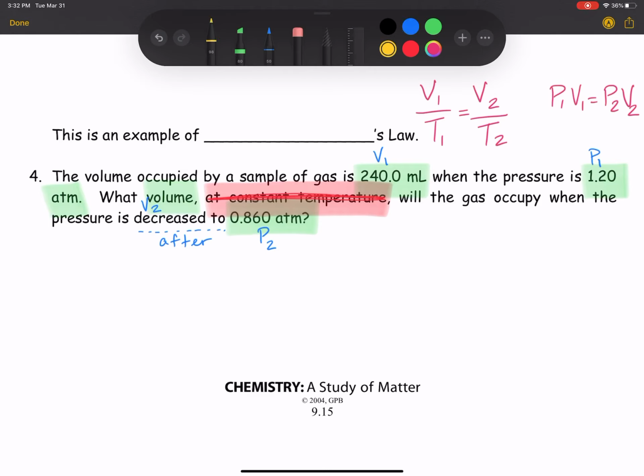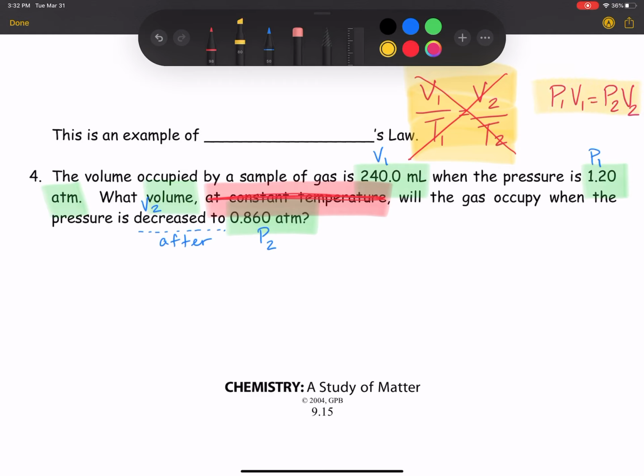Clearly, using Charles's law is going to be of no value because I don't have any units of temperature, so that's not going to be of any help. I want to make sure that I only focus on using Boyle's law.